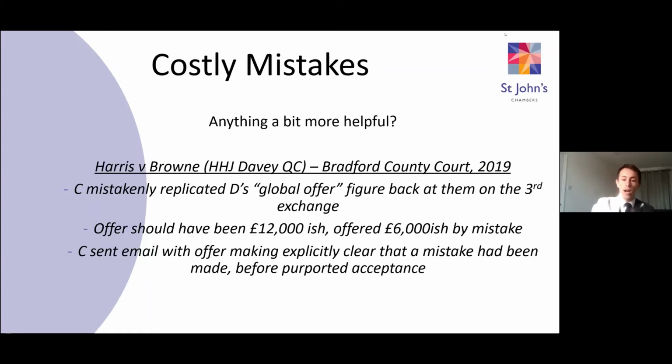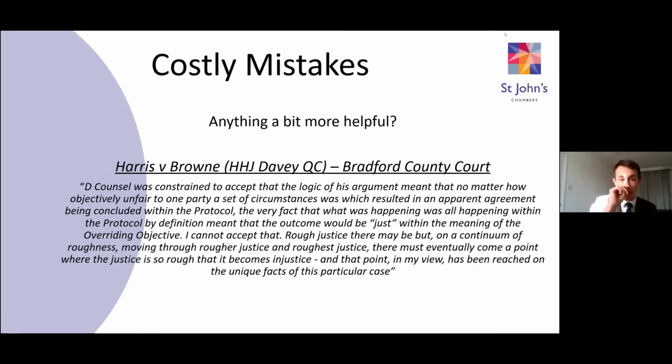Now, what happened in that case, as you'll see at the final bullet point, is that as that claimant offer went in, an email was sent at the same time as the offer, making it explicitly clear a mistake had been made, providing a breakdown before the defendant sought to accept that offer.